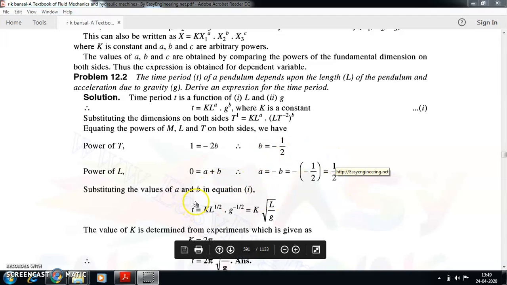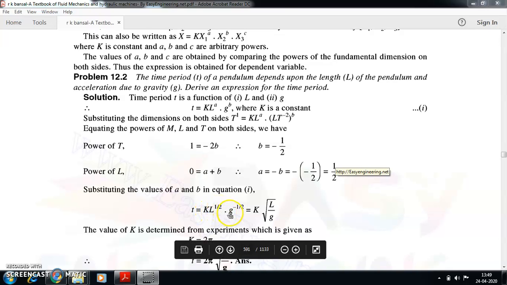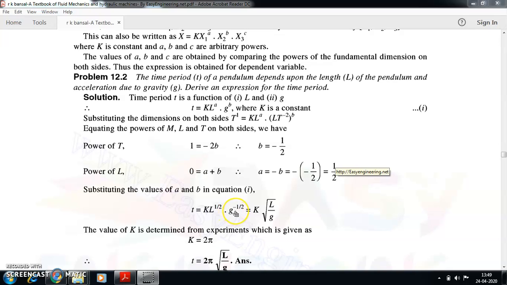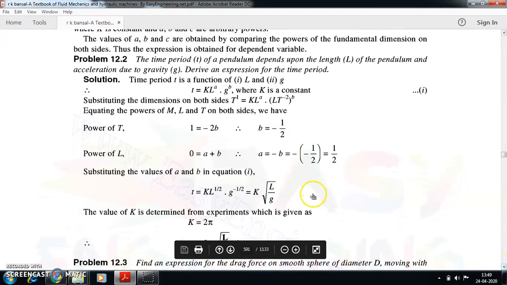Now substituting the values of a and b in the equation, you will get t is equal to k into L to the power of plus half into g to the power of minus half. Half is for root, and if I take g downwards, I get plus half. So k into root of L by g. Till here, we can find it by the Rayleigh method.